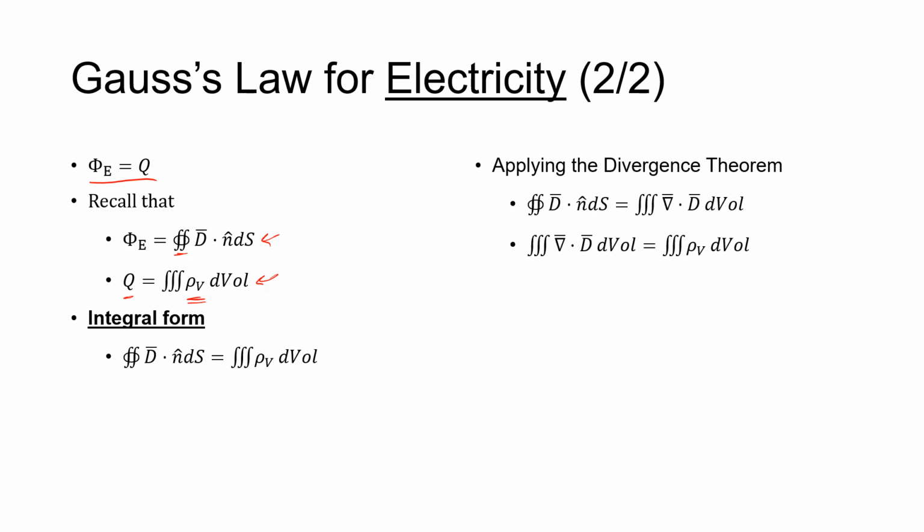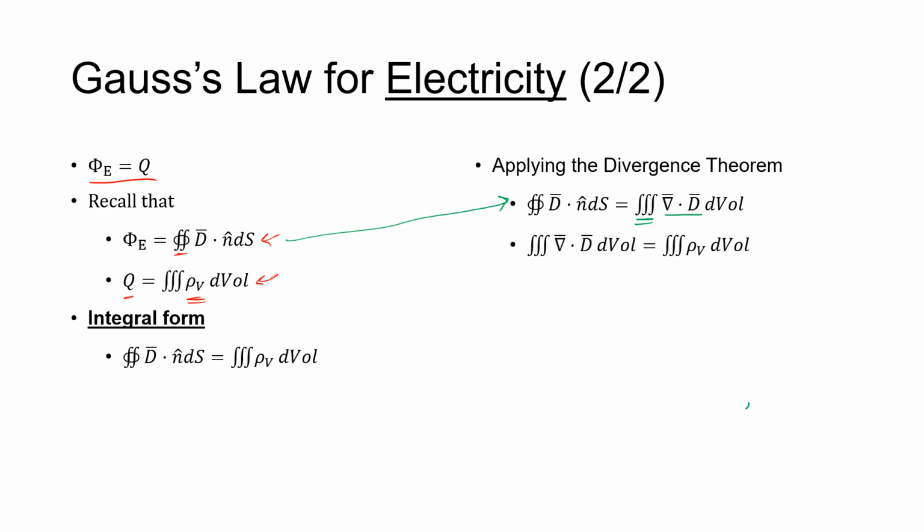Now we move to applying the divergence theorem. We take this one and apply the divergence theorem to it, meaning we take the divergence of D, nabla dot D. So we can now replace the double integral with the triple integral here.